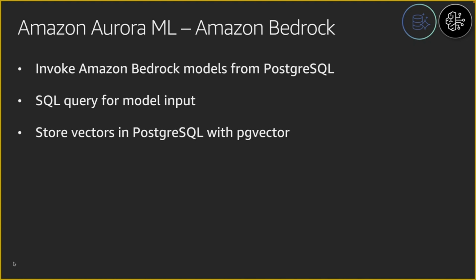Then the output, those vectors or even summaries, you can store inside Postgres. And with vectors, you can use PG Vector, which is an open source package available with Aurora Postgres to store and index this data inside of Aurora Postgres.